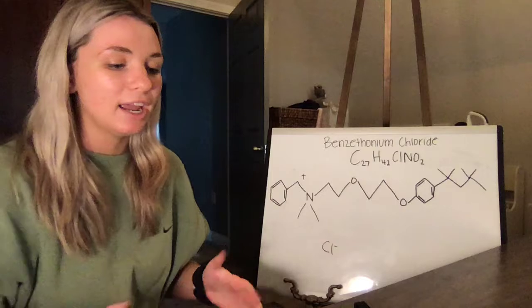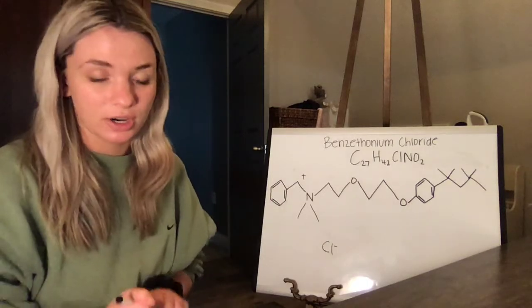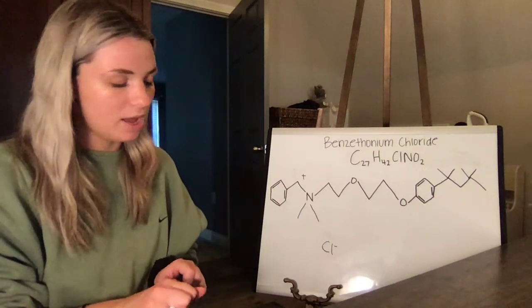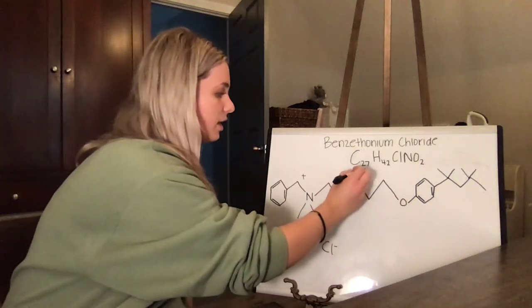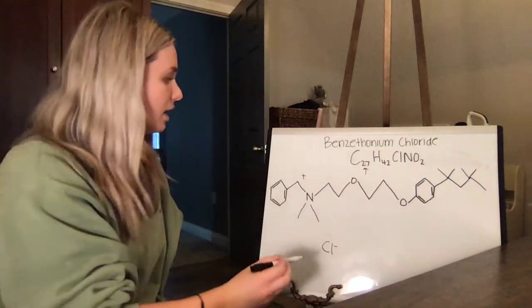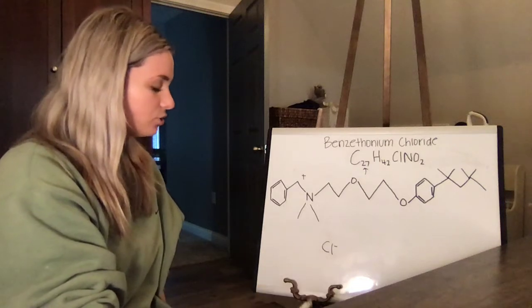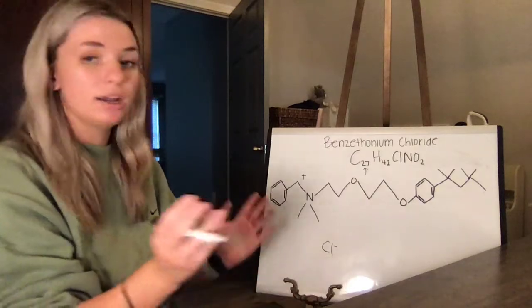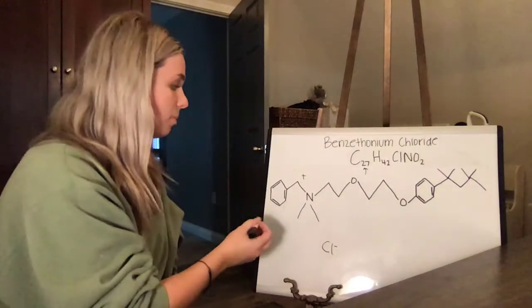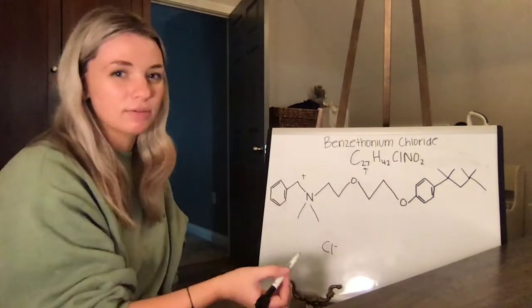So we're going to begin, and we're going to go ahead and start breaking down the structure. We can see within the molecular formula that there are 27 total carbons. So if we go ahead and count out our carbons within this skeletal structure, we can see that carbons are going to be made where any two bonds meet, so basically any points that we see or any ends of lines.